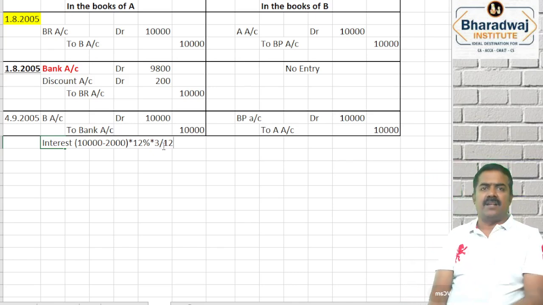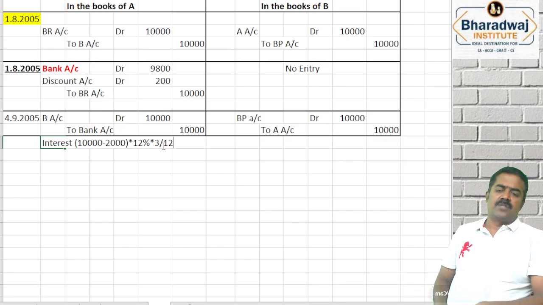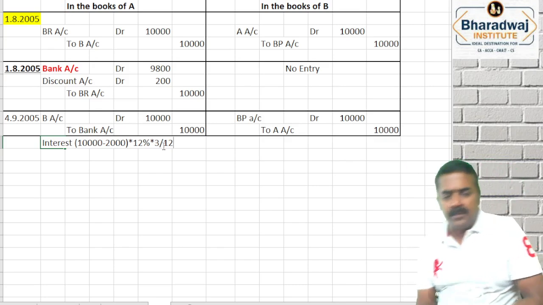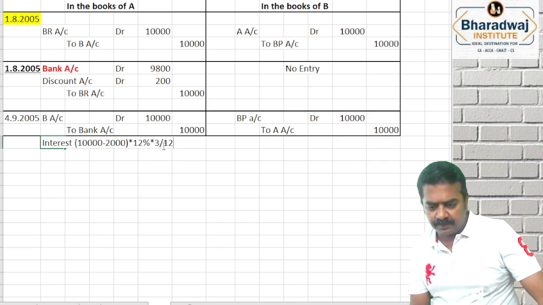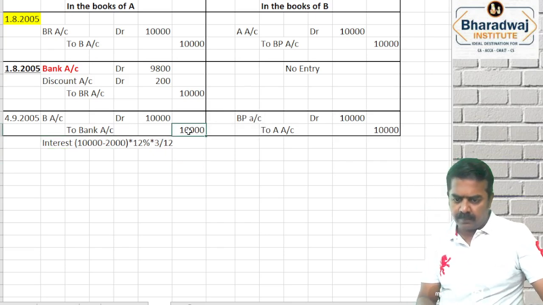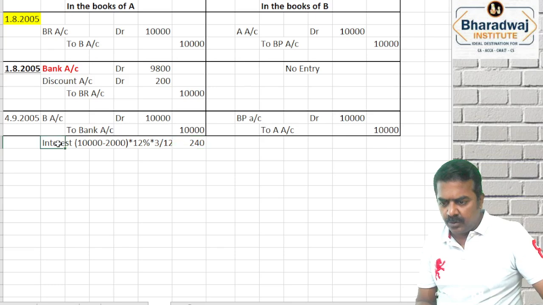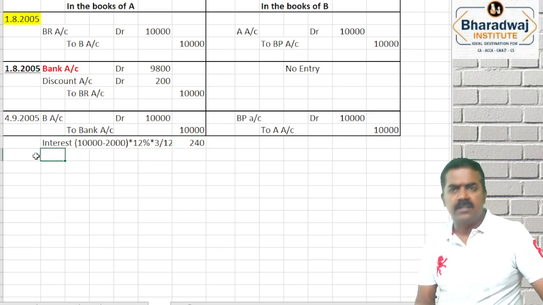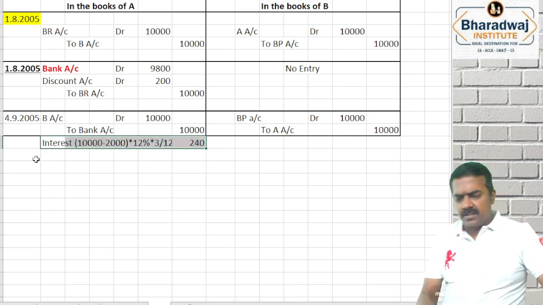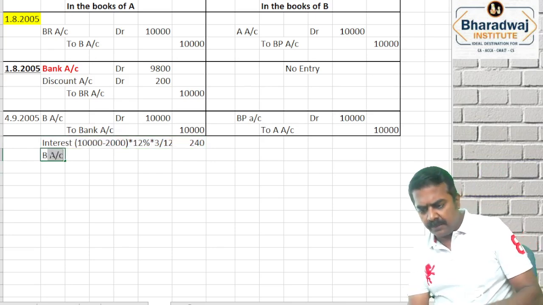Because 2,000 is paid immediately. So 8,000 at 12% for 3 months. How much will it come to? 240. Wait. This interest we are going to charge on B. B account debit to which account? Interest account.